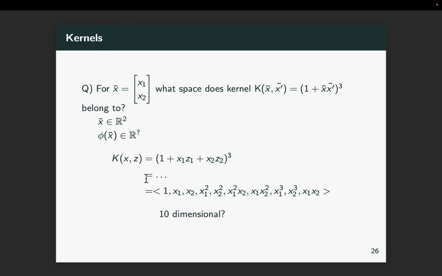Degree 0 term is just 1, degree 1 terms are x1, x2, degree 2 terms would be x1 squared, x2 squared, and then x1x2, and so on and so forth. Once you write all of them and you notice where the interactions are happening, you can write it as one vector which only contains xi, the other vector which only contains xj. You do the dot product, and you'll be able to see it's a 10-dimensional problem, a 10-dimensional higher projection. So you've gone from a 2-dimensional original space to a 10-dimensional higher projected space.